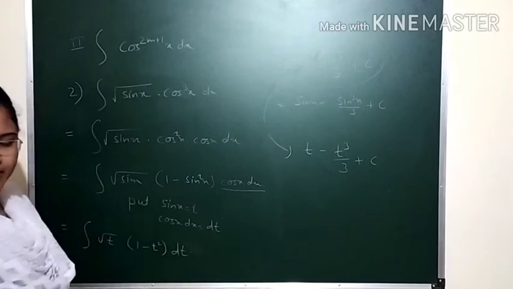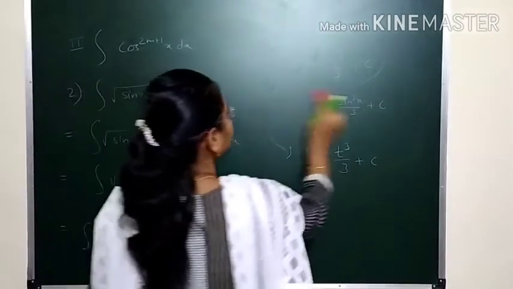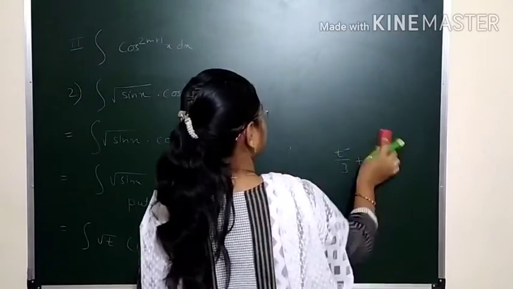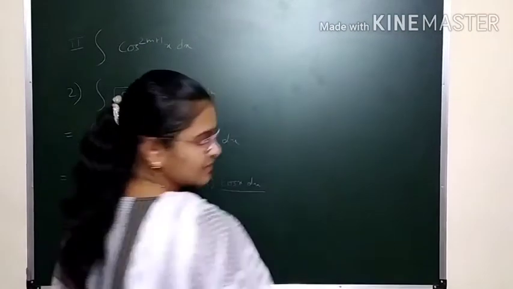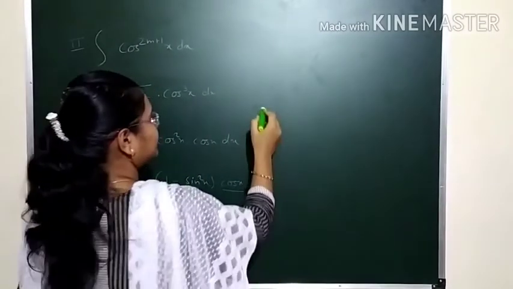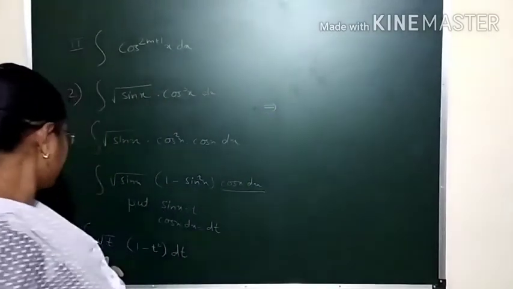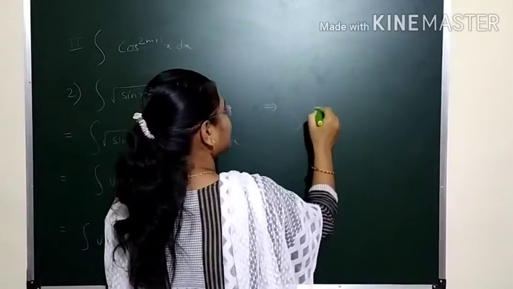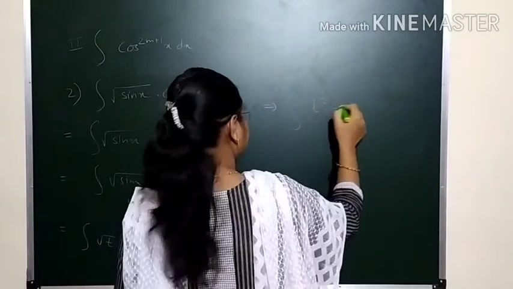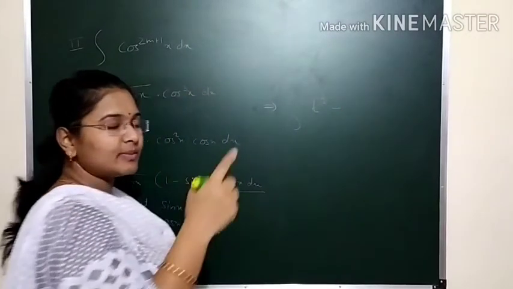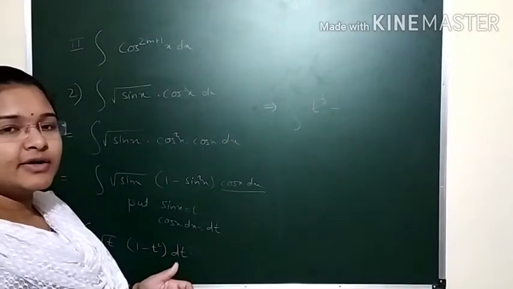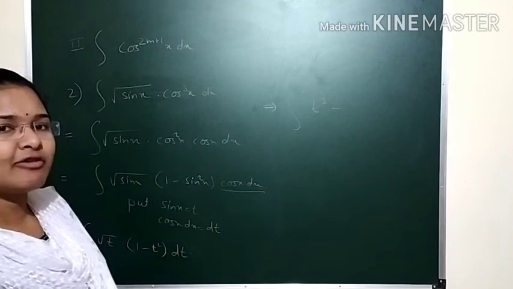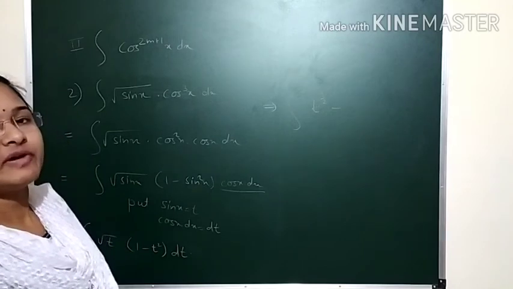Now we can multiply this t here. I will write here: it will be the integration of t raised to 1 by 2 minus t raised to 2 into t raised to 1 by 2, meaning 2 plus half, which is 2.5, that is 5 by 2.